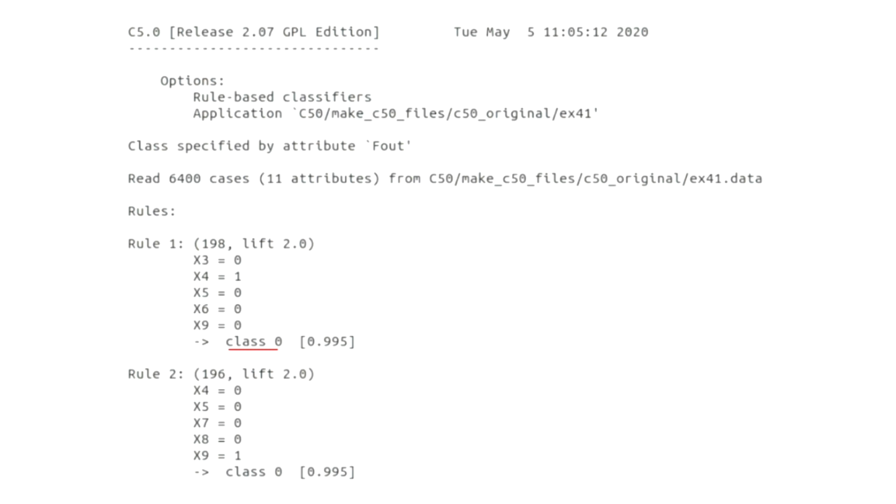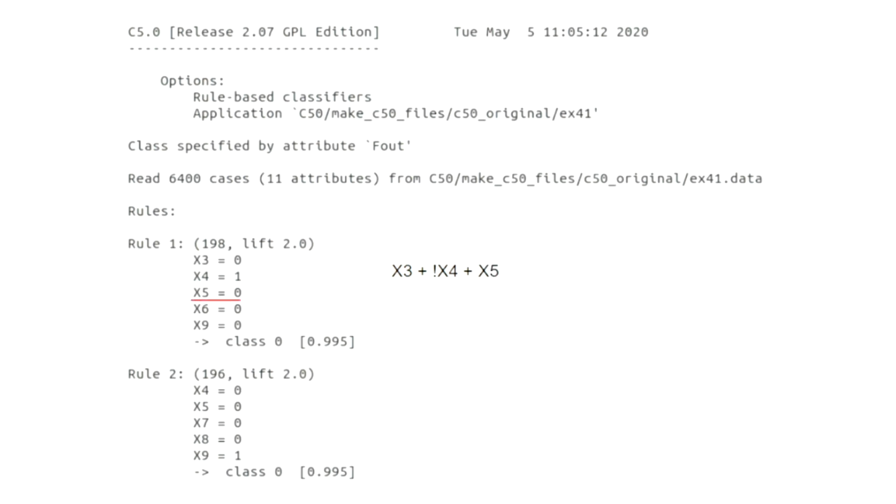If we were making a sum of products file, we would consider class 1, but in this case we're going to make a product of sums. So this first rule is class 0, we're going to consider this rule. x3 equals 0, so we put in the equation the value x3. x4 equals 1, so we put in the equation the value not x4.